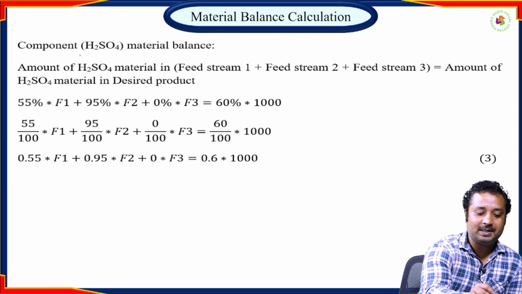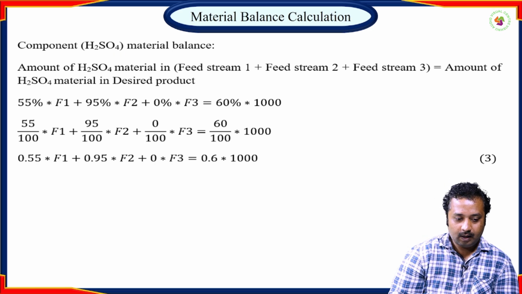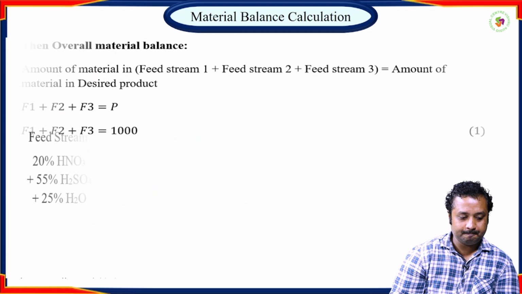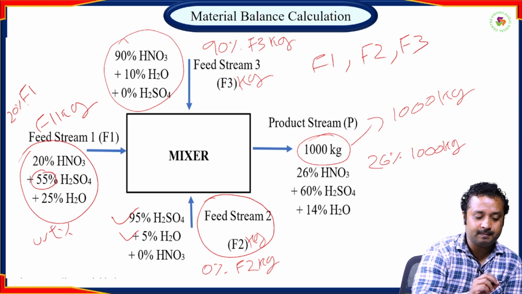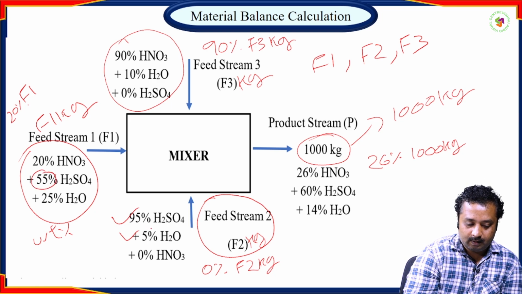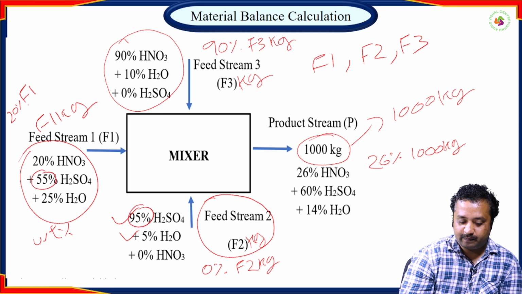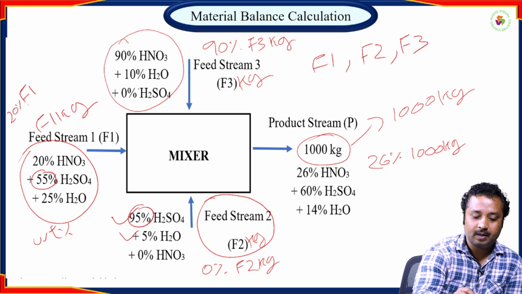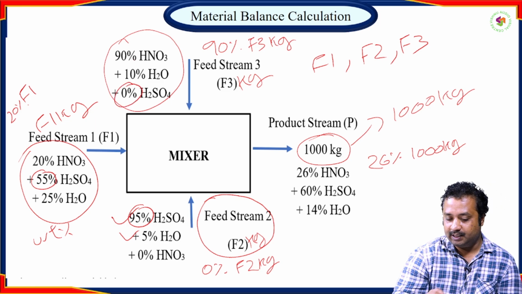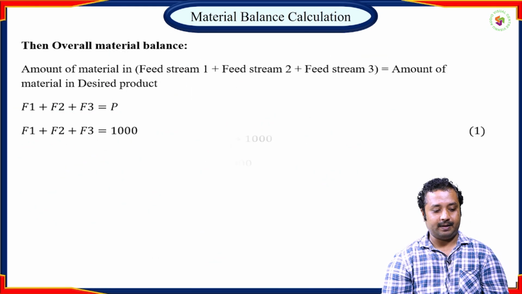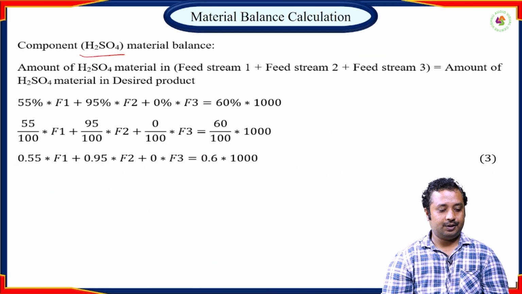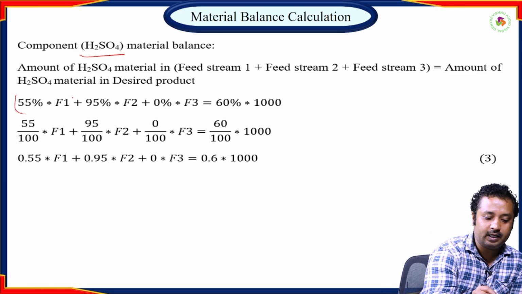Similarly, the component material balance of H2SO4. As you can see from this diagram, for H2SO4 we have 55% of F1, 95% of F2, and 0% of F3, equal to 60% of 1000 kg.